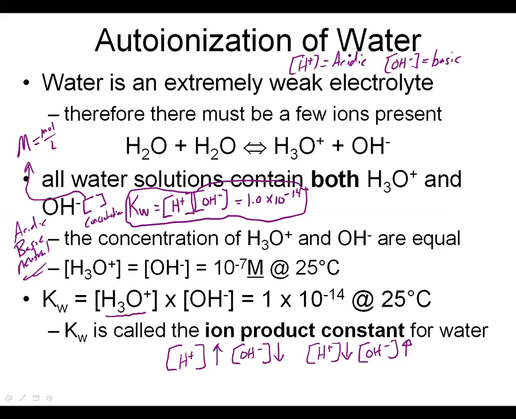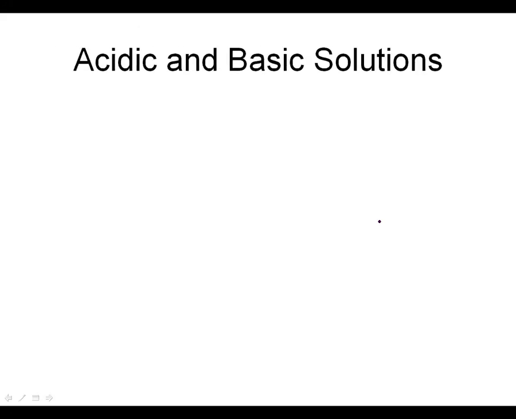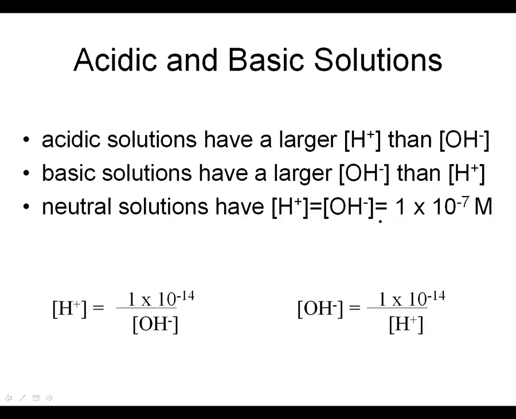And you can compare both of those numbers together and determine whether the solution is acidic, basic, or neutral. We'll see that on the next page, where you can rearrange that Kw equation like we see here.